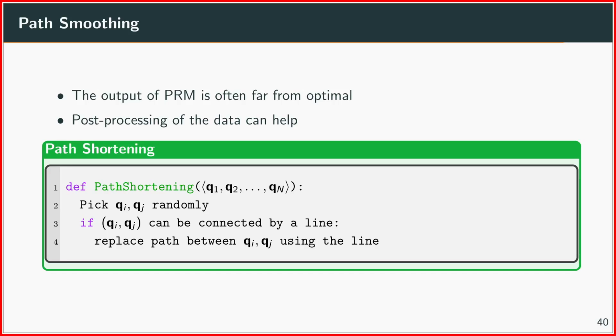So let's say you have found a path on your roadmap and you have a number of waypoints, vertices, Q1, Q2 until Qn. And you can shorten this path by just picking Qi or Qj randomly and then checking if they can be connected by a line. And then replace this path between Qi, Qj using the line. And this basically just shortens your path and makes it more optimal with respect to shortest path, of course.